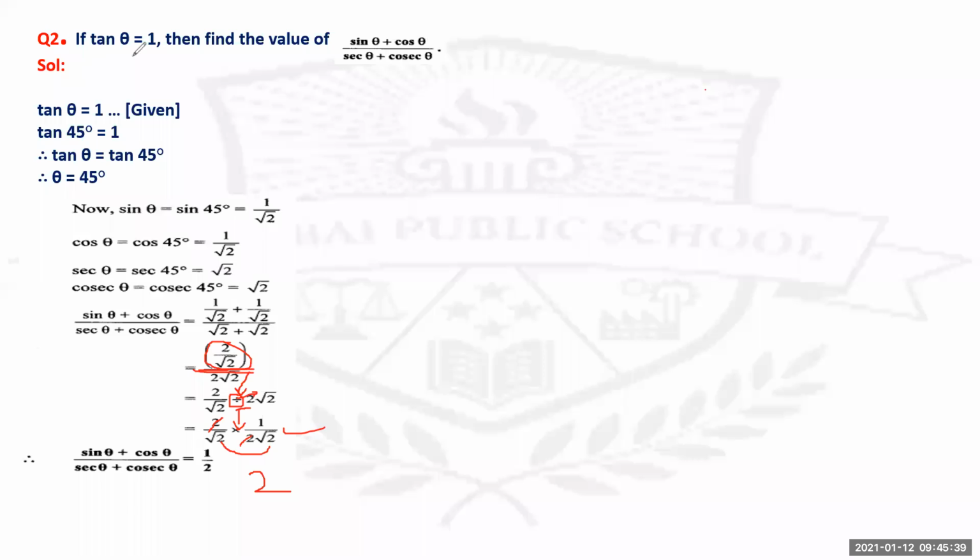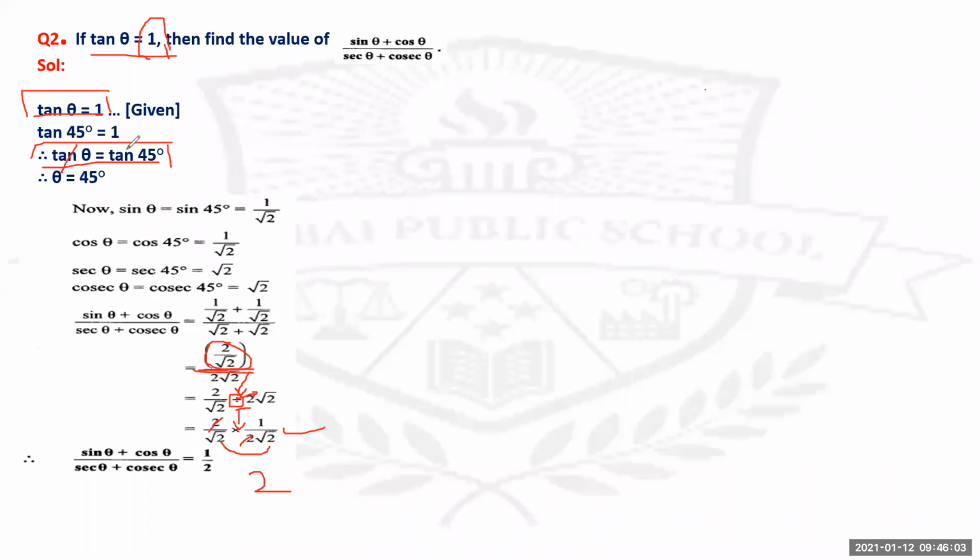And here tan theta equals 1. So see, when you get tan theta equals 1, you check these values in the trigonometric table. I told you how to get the values in the trigonometric table. So tan 45 resembles tan theta, that is 1. Understand? Your tan 45 is 1. So tan theta equals tan 45.